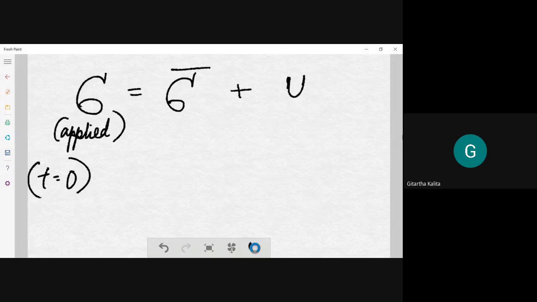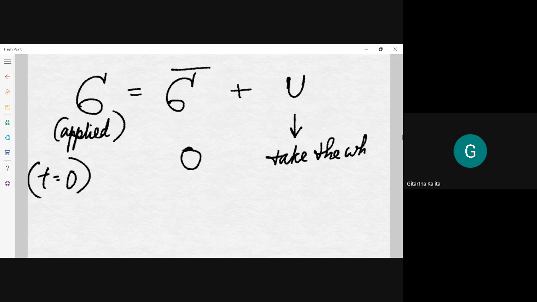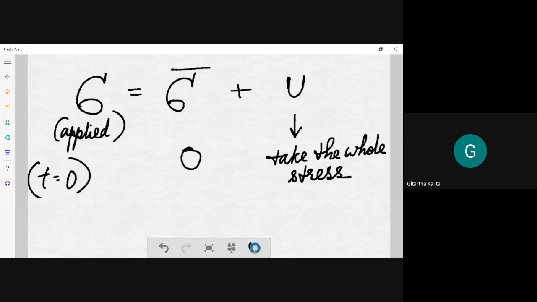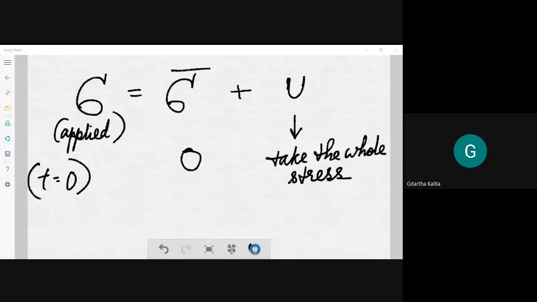At t equal to 0, the effective stress is 0, and the water will take the whole stress at the very instant. Then there will be some pressure difference, as I have told you.